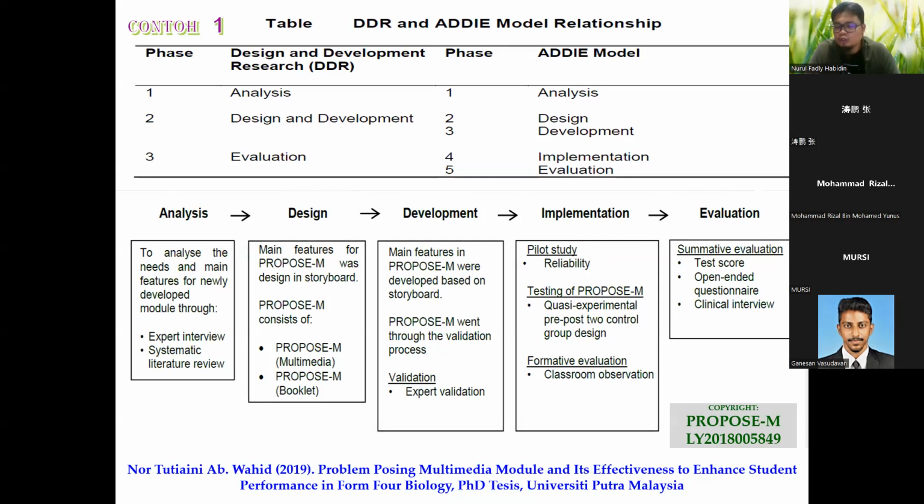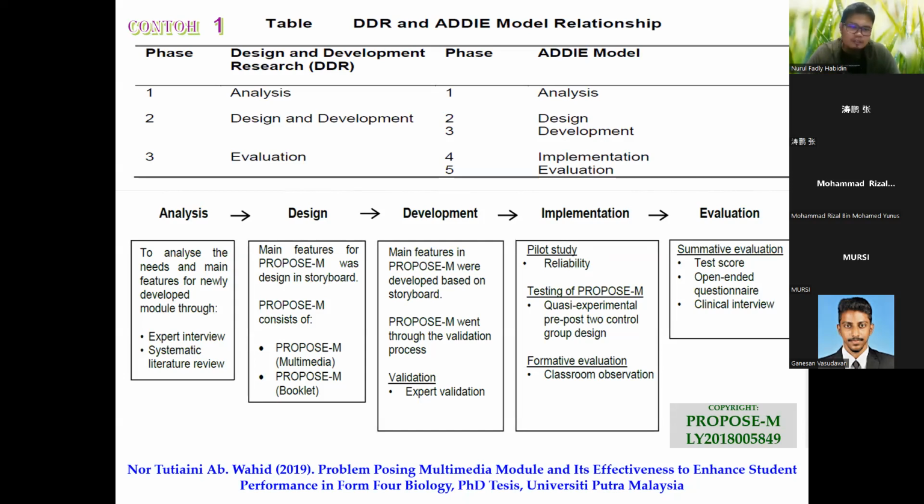Number 1 analysis, 2 design, 3 develop, 4 implementation, and 5 evaluation. So there is a little bit of difference with DDR, design and development research. They use only 3. So they have analysis, then combine design and development together with evaluation. They don't have the implementation. From this design, Nur Tutiani developed their own research design.